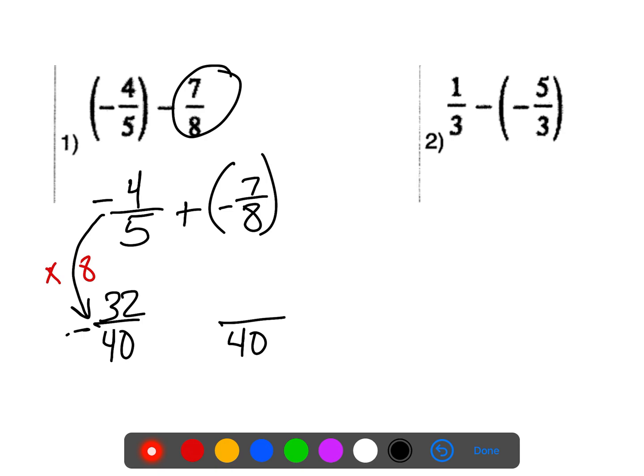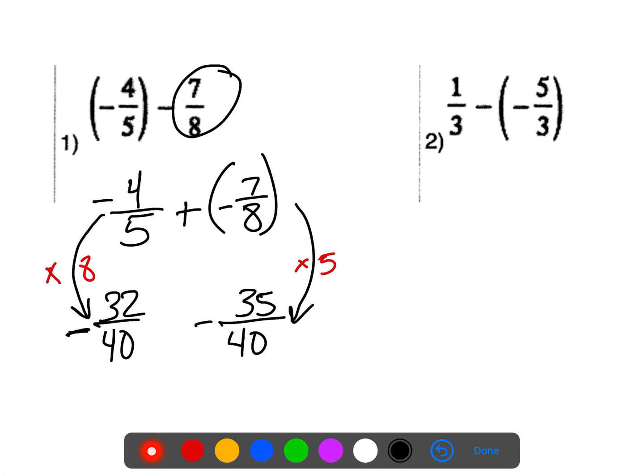Now it's going to remain negative. We haven't done anything to change that, but let's go ahead and convert our second fraction. This time we're not going to multiply by 8, we're going to multiply by 5, because that is how many times larger our denominator got. 8 into 40 becomes 5 times more. So our numerator needs to get 5 times greater as well. And 7 times 5 is 35.